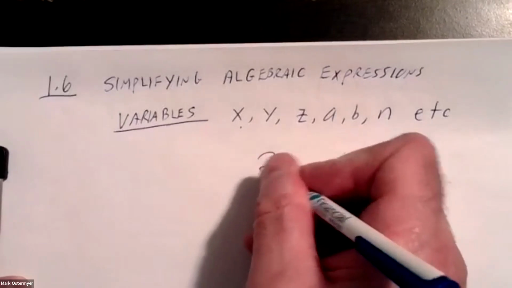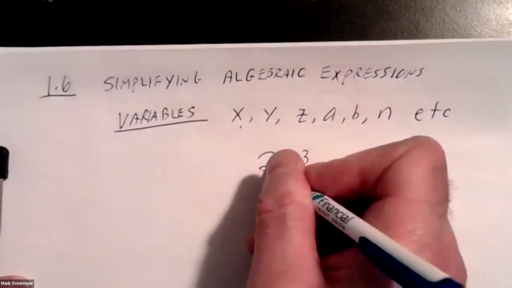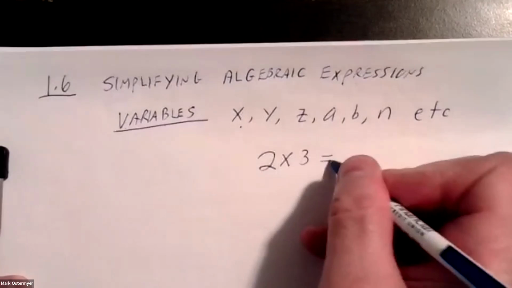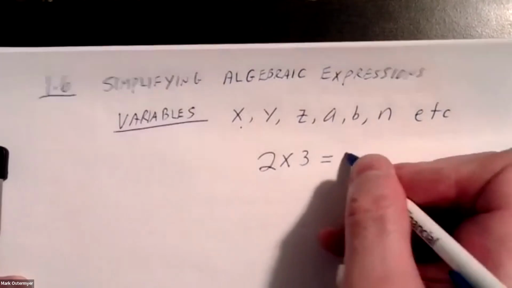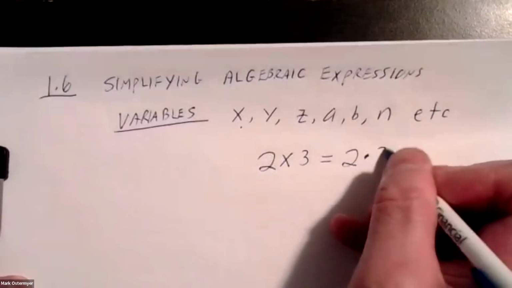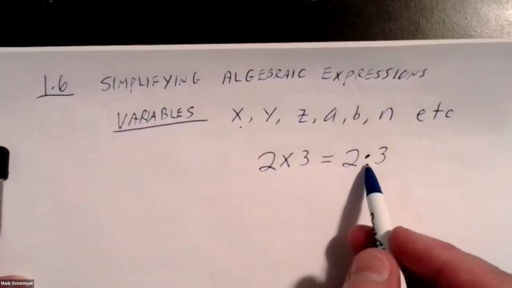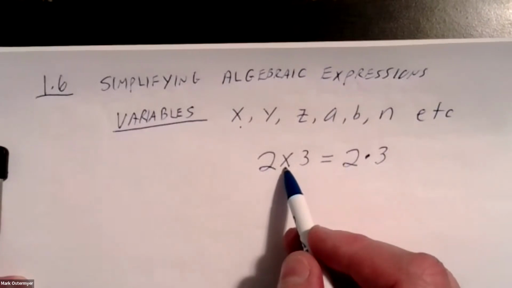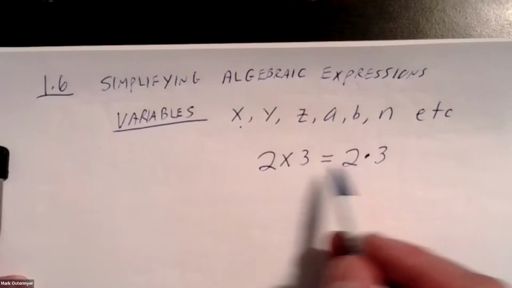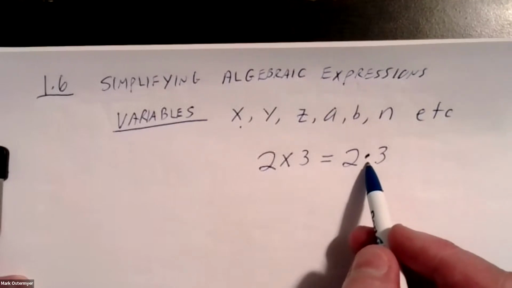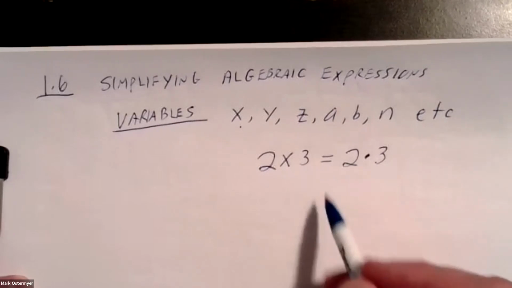When we say 2 times 3 in basic math, in algebra we have to change our symbol for multiplication. Oftentimes we use the dot operator, because it avoids confusion with the multiplication symbol, which could now take on the meaning of the variable X. So we go to the dot operator to avoid confusion in algebra for multiplication.